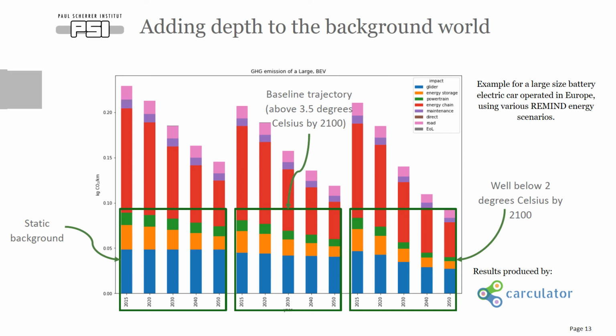And there we see that it has a dramatic change on the CO2 emissions associated to building the glider of our passenger car. So we can really see that it adds another depth to our model by really considering what is happening in the rest of the world outside the product system of our passenger car.